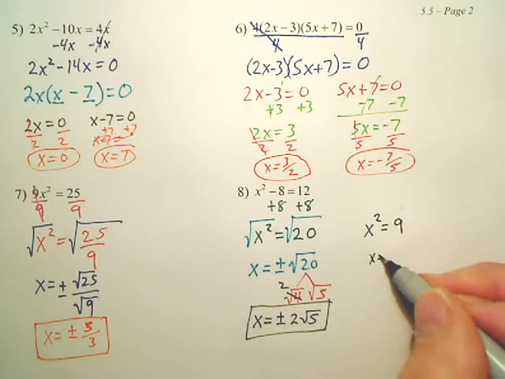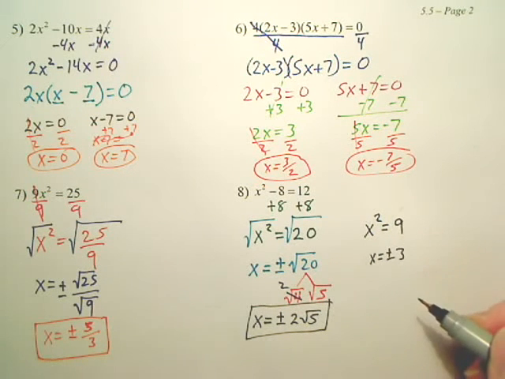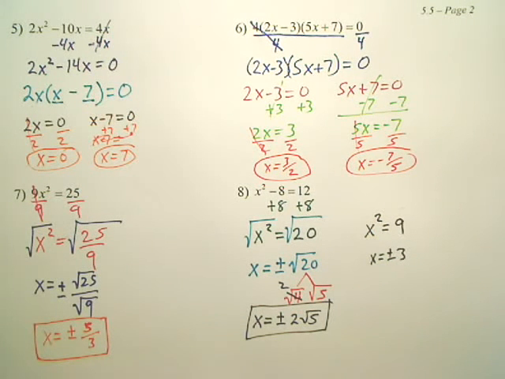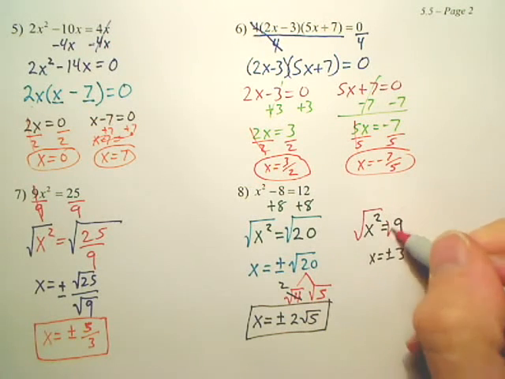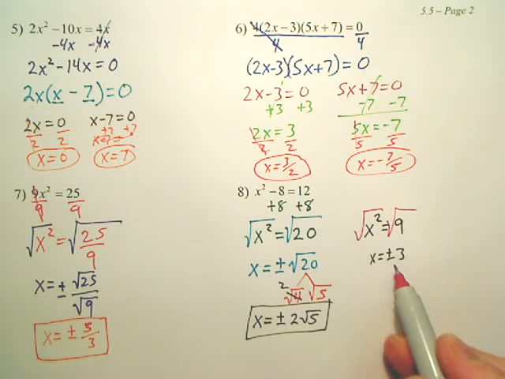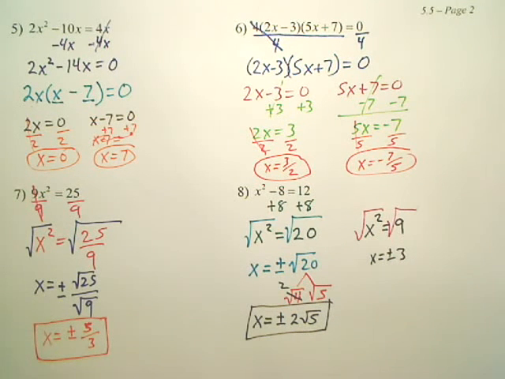The answer to this is going to be positive or negative 3. Whenever you square root both sides to solve it, you need to put a plus or minus. Because if you think about something that's more familiar to you, like this, when you square root both, you get 3, but you need a plus or minus again because of the square rooting idea.